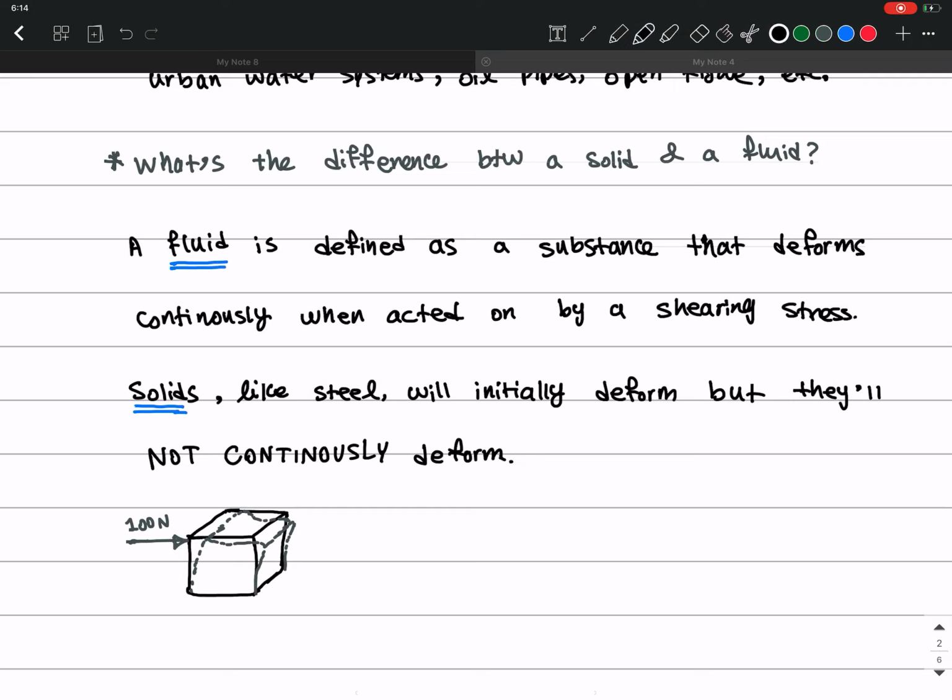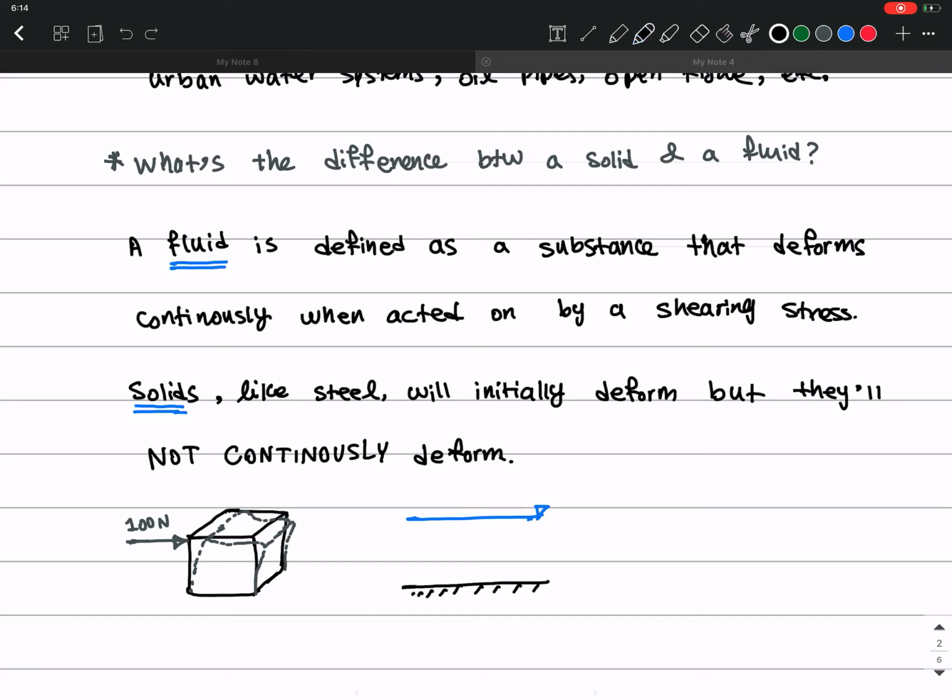However, in a fluid, so say here we have a fluid, okay? You have a channel, something like this. Like water.